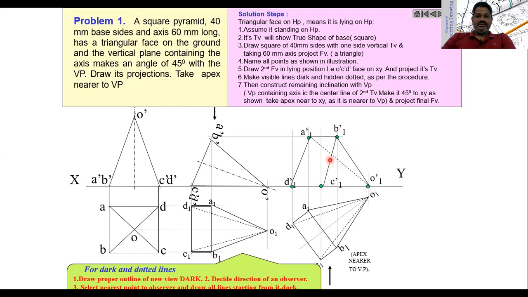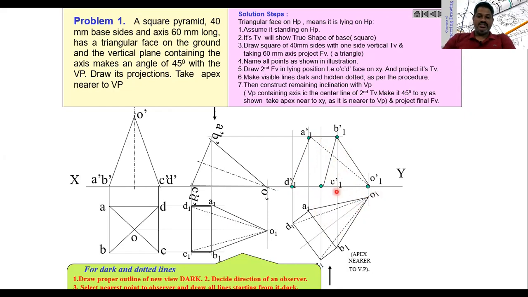This is the front view of the square pyramid when it is making 45 degrees with the vertical plane, and this is the top view when one of the faces of the square pyramid is lying on HP, as well as the axis of this pyramid is making 45 degrees with VP.